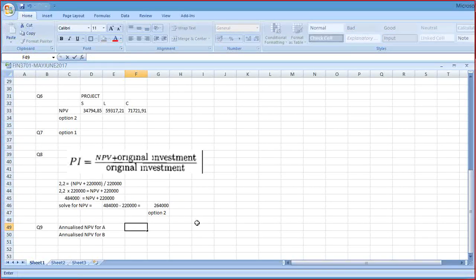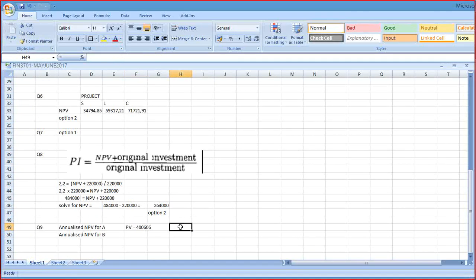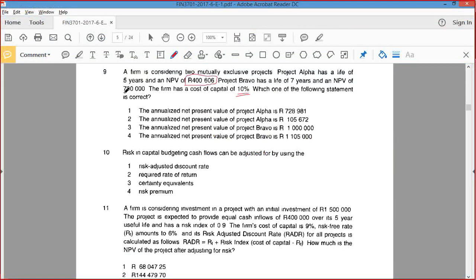So you would take 400,606 as the PV, 5 years. Is the NPV the present value? NPV is the PV that you would use when annualizing the amount, because you're taking one amount and spreading it over a period of time.